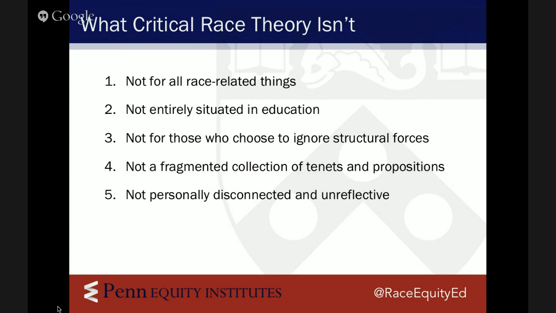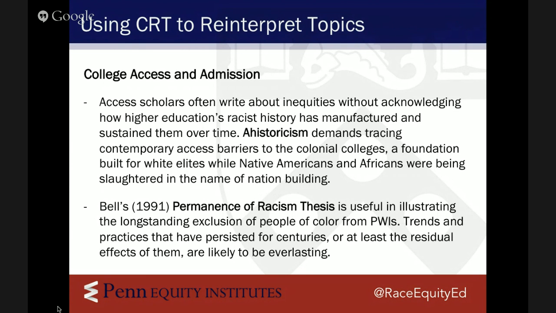Right. Yeah. All right, Lori, should we talk about our chapter in the book? Sure. All right, so I will start us off with just a little bit of background. Lori and I decided, for this particular chapter, to take a small handful of commonly studied topics related to college students, mostly undergraduates, and to use CRT to reinterpret those topics.